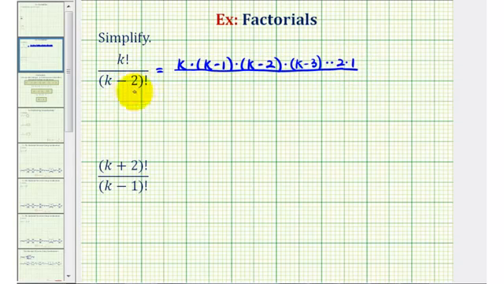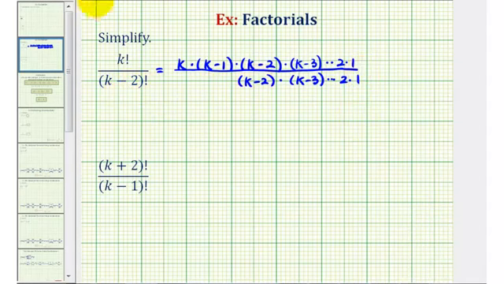And then for k minus 2 factorial, the first factor would be k minus 2, which I'll go ahead and put over here. Notice the next factor would be 1 less than k minus 2. Well, k minus 2 minus 1 is k minus 3. And again, this would continue all the way down to a factor of 2 and a factor of 1.